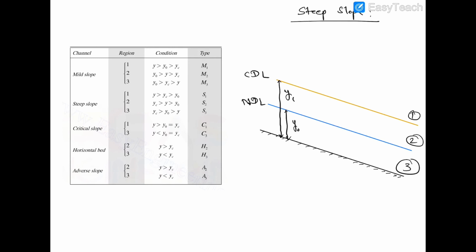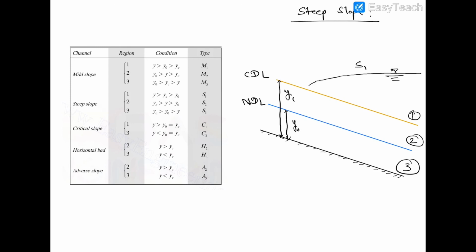In region 1, the GVF profile will have increasing water depth, and near the CDL the profile will make a 90-degree angle, and we draw the GVF profile some distance away from the CDL, and when the profile approaches infinity it becomes horizontal. So this will be the shape of the S1 profile.